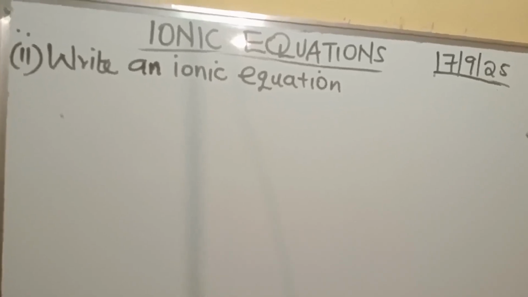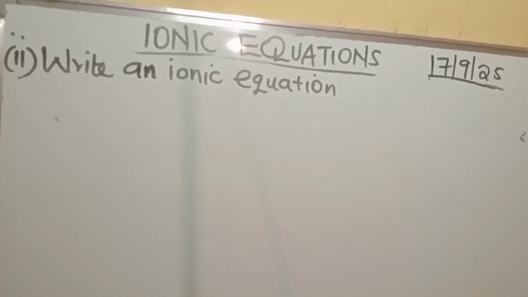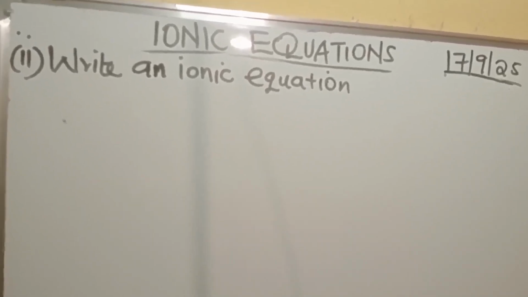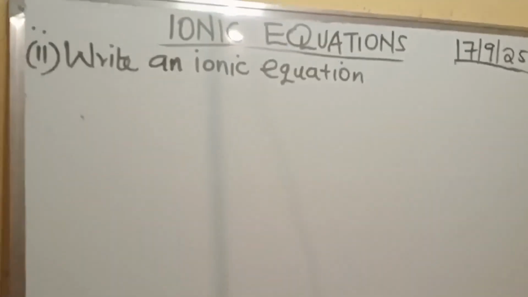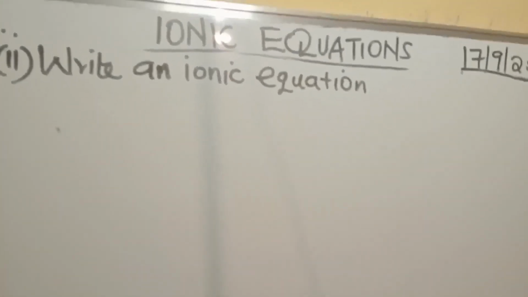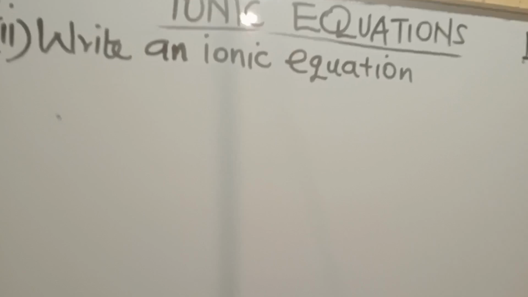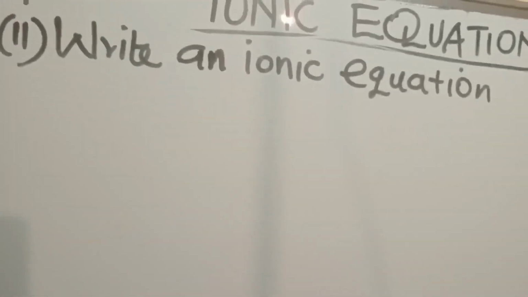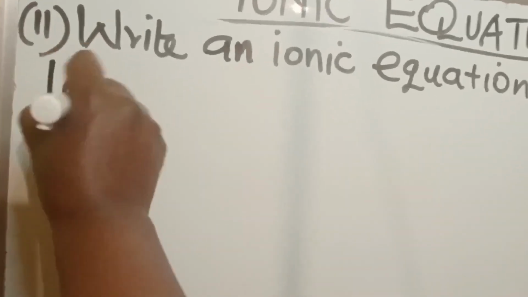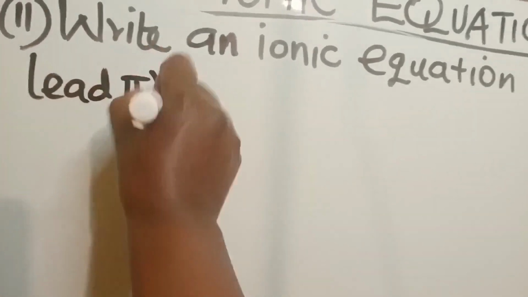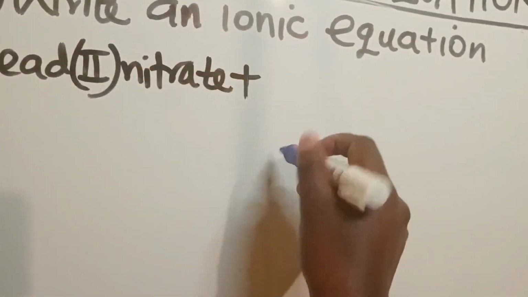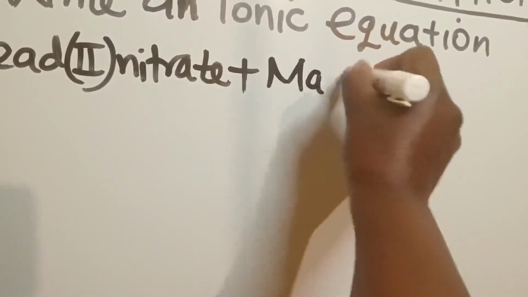Next, we have this question that requires us to write an ionic equation. To begin with, we need to write a word equation that will guide us in the writing of the ionic equation, and it is the same word equation that we had in our previous question, where we have lead 2 nitrate reacting with magnesium sulfate.